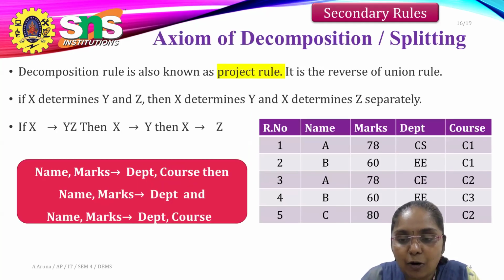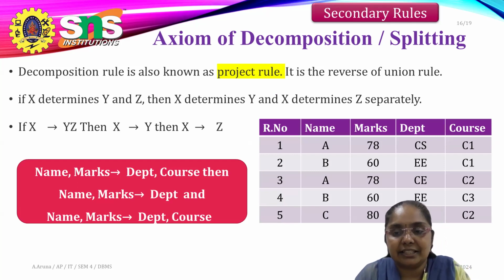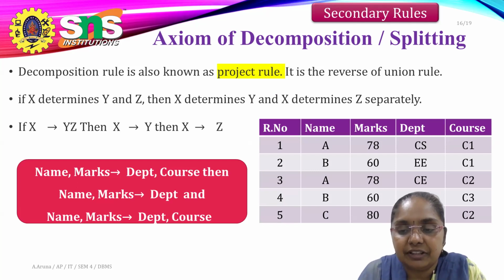The next is decomposition, or the splitting rule. It is also called the project rule, and it is the reverse of the union rule. If X determines YZ, it can be split into two components, because the RHS has two attributes, so we write X determines Y and X determines Z. If you want to split a table or split attributes, we can use the splitting or decomposition rule.